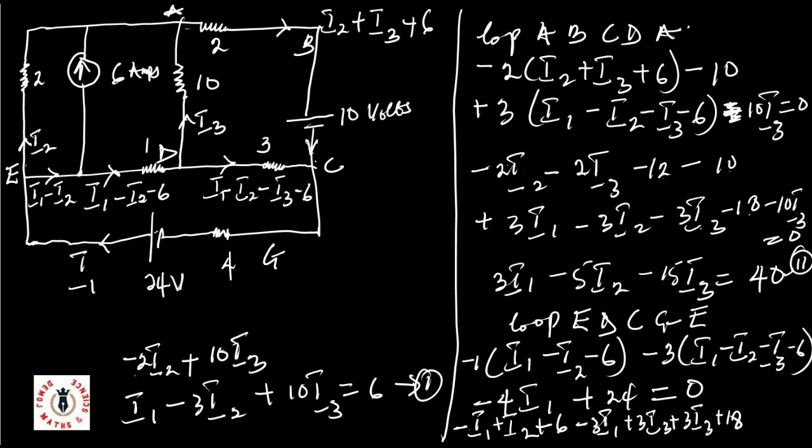And finally, I have minus 4I1 plus 24. Everything here equals 0.